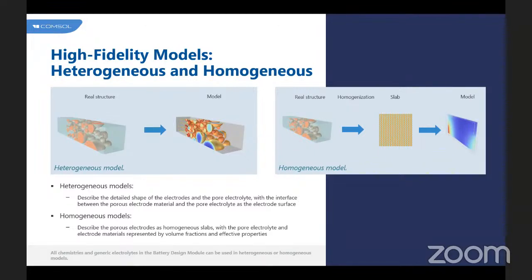And then you can have homogeneous models, where through different techniques we homogenize and try to get effective properties, and then instead of modeling each and every detail in the electrode, you take a homogeneous model in a slab. So those types of modeling can be done.